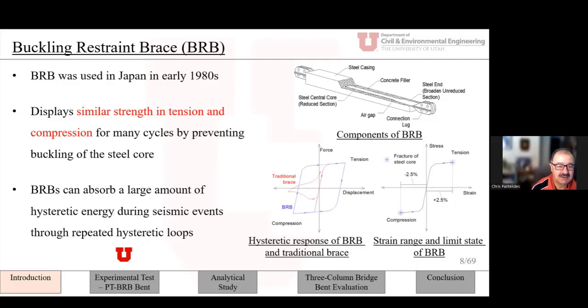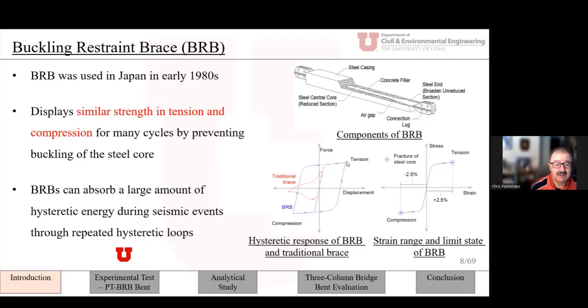So you can see here in the force displacement curve under cyclic load, typically after the elastic range, the core will yield in tension, and as it goes into compression, it will yield in compression as well. And after that, it goes back into tension and it keeps doing that.